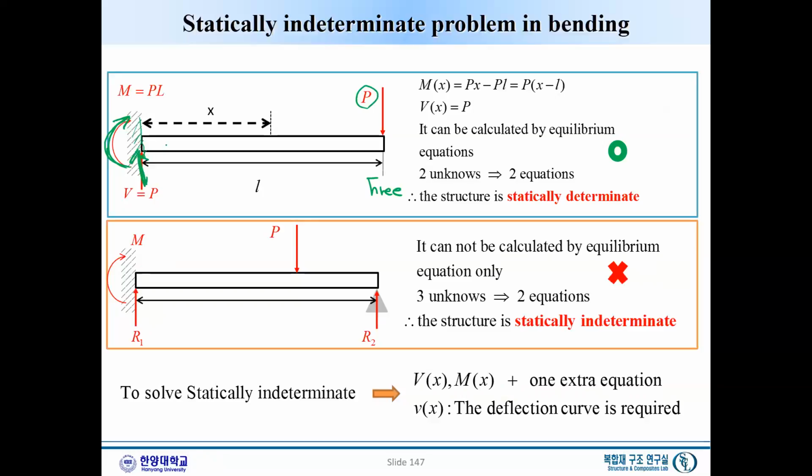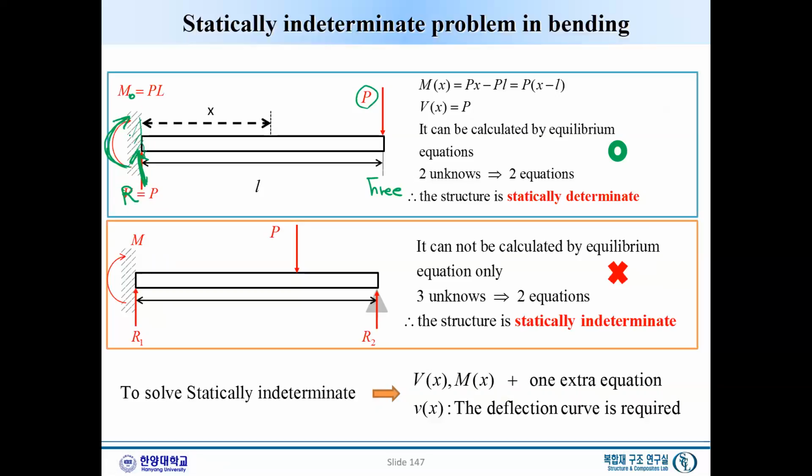So from equilibrium, we can easily get it. Let's say this is R, and this is the M0.